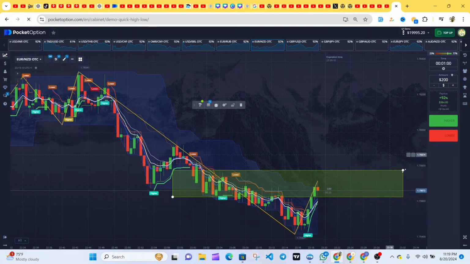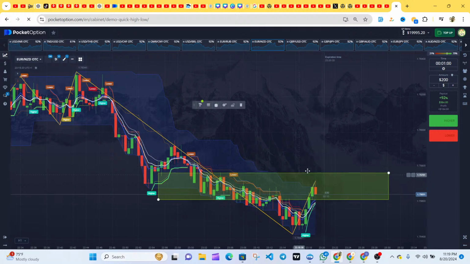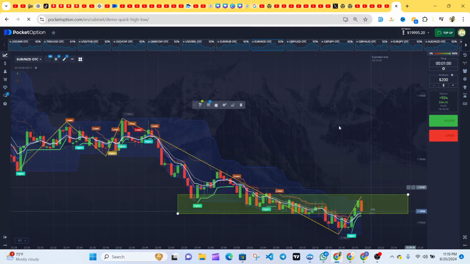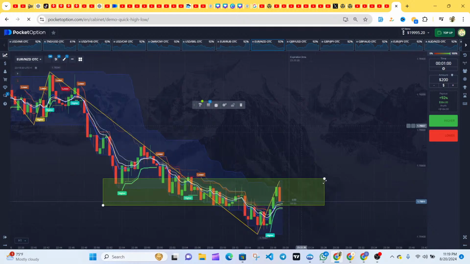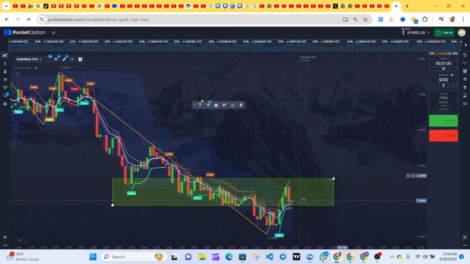Let's take another market. Before I could finish this, the market has even sold. So we are going to look for another market. This one has gone out of hand. We are not able to take this market.